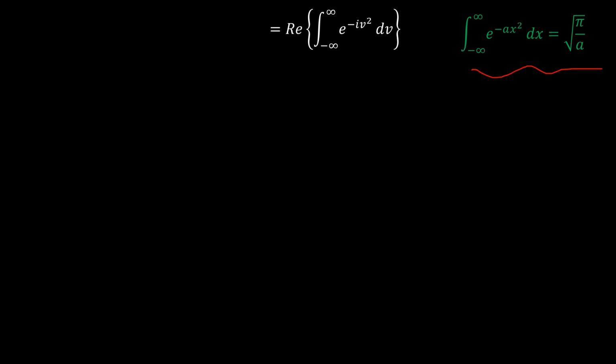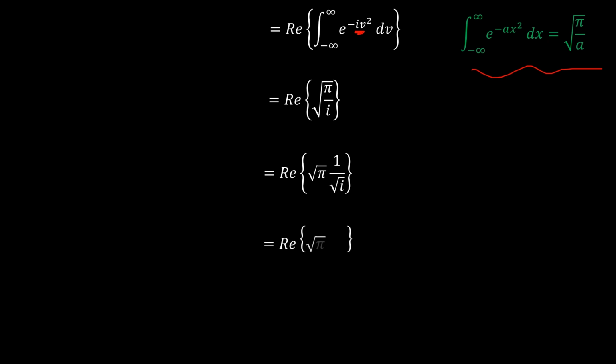And here our a is i, so our answer here is the square root of pi over i. And then we want the real part of that. So we can separate these things a little bit.